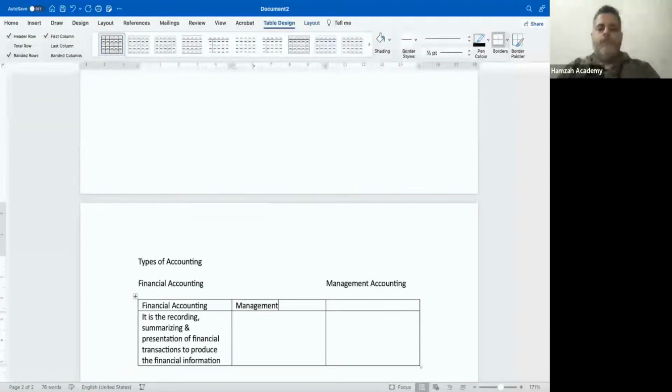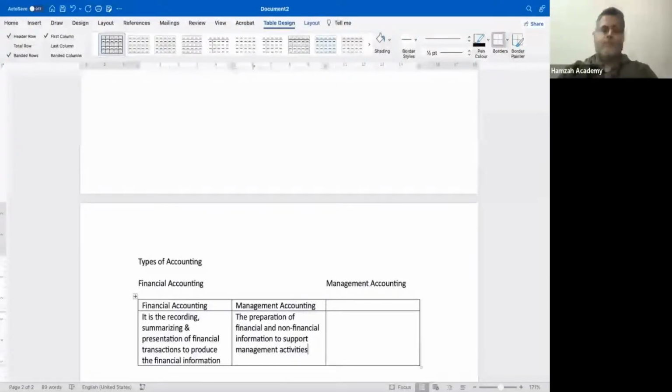Then we have the management accounting. Management accounting is the preparation of financial and non-financial information to support management activities, right?